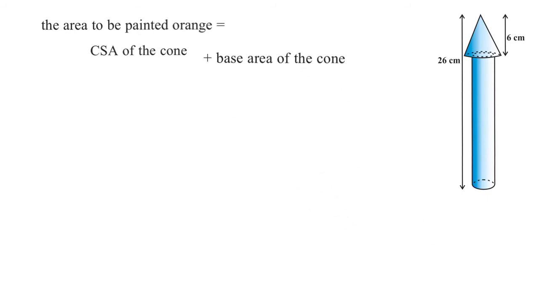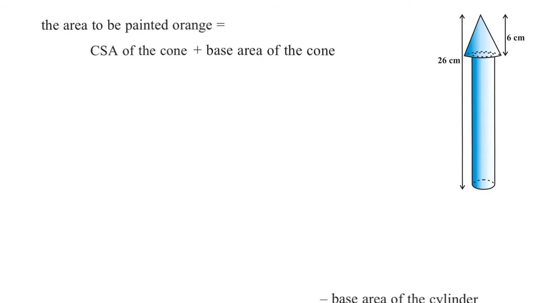Only a part of the base of the cone has to be painted orange, and the curved surface area of the cone has to be painted orange. So, the area to be painted orange will be equal to the curved surface area of the cone plus the base area of the cone minus the base area of the cylinder.